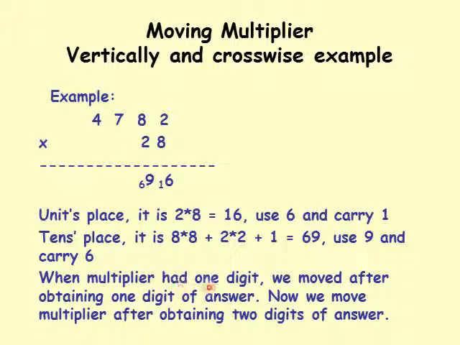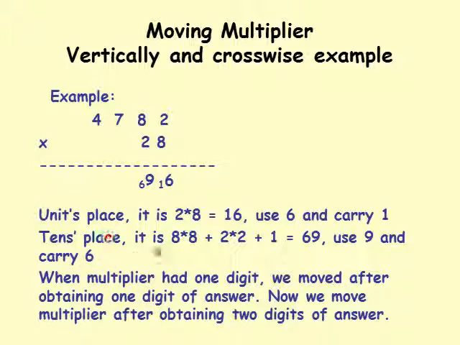When the multiplier had one digit, like we discussed in the conventional math method, we moved after obtaining one digit of the answer. Now we move the multiplier after obtaining the first two digits of the answer. When we had a one digit multiplier, we were doing vertically all the way.